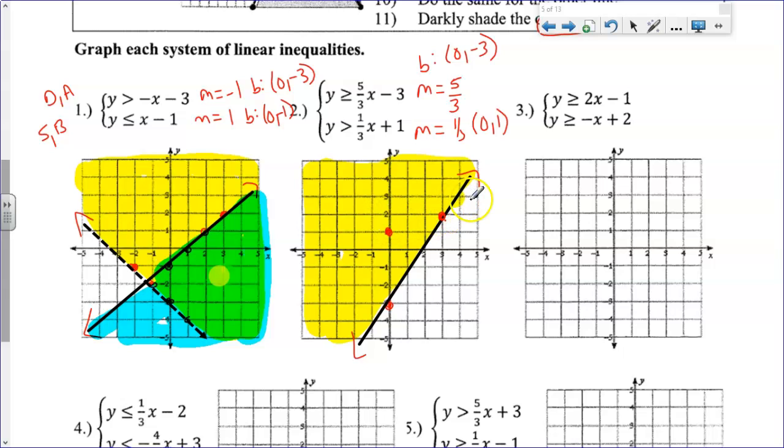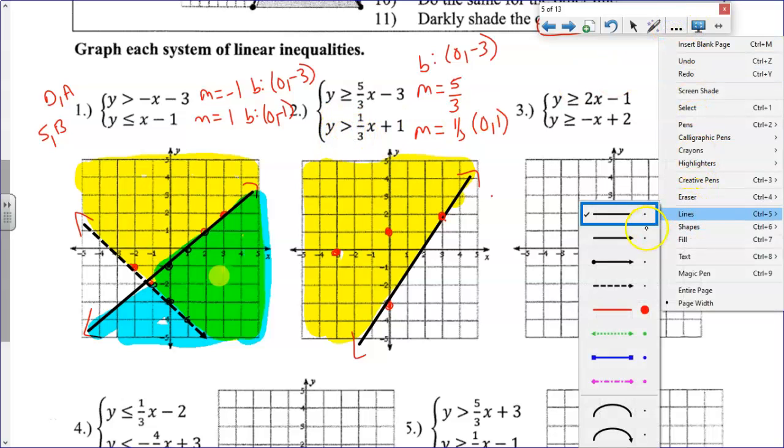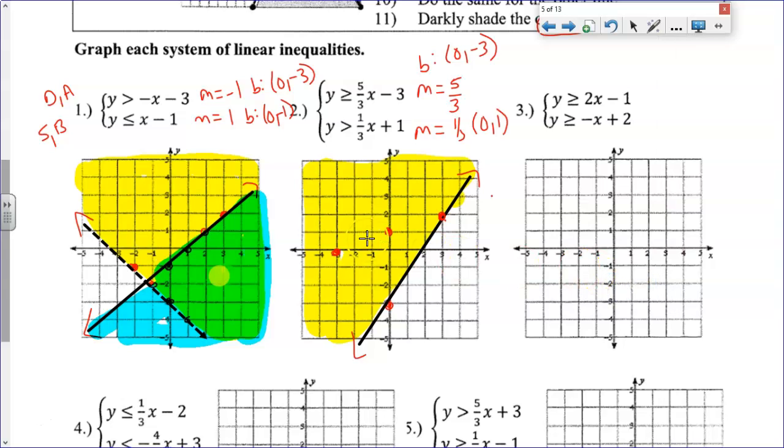Point, up 1, over 1, 2, 3. So it'd be over there, or down 1, left 1, 2, 3. Okay, this is greater than but not equal to, so when we do our line here, it's going to be dashed.